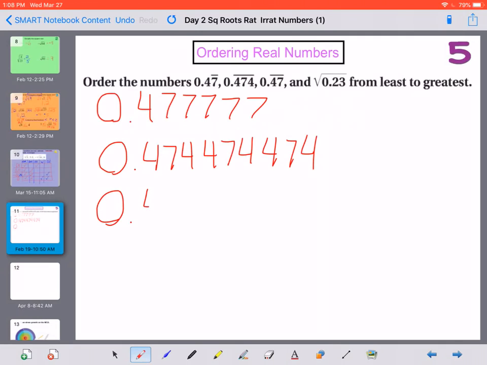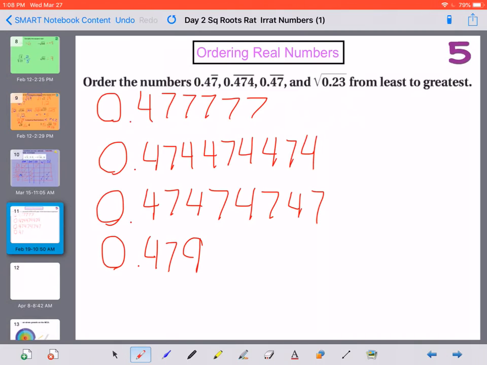Then 0.47474747 repeating. And the square root of 0.23. So this is probably going to be one that you grab your calculator for. So the square root of that gives us 0.479583152 on forever.